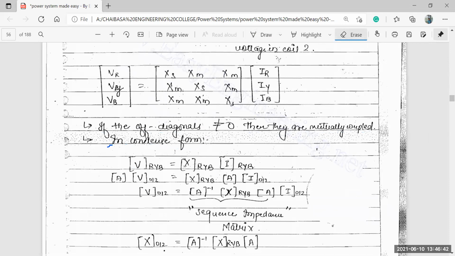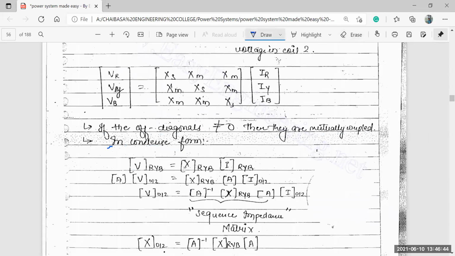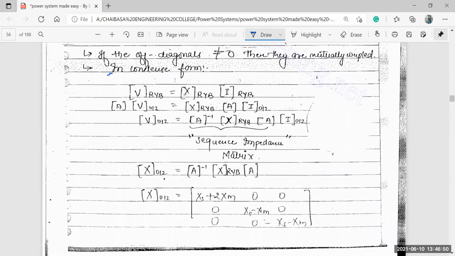Now, if you want to know what the sequence reactance part will be, we could consider it in this form. We have taken V equals X matrix into I, where V could be written with your A operator into the phase components.